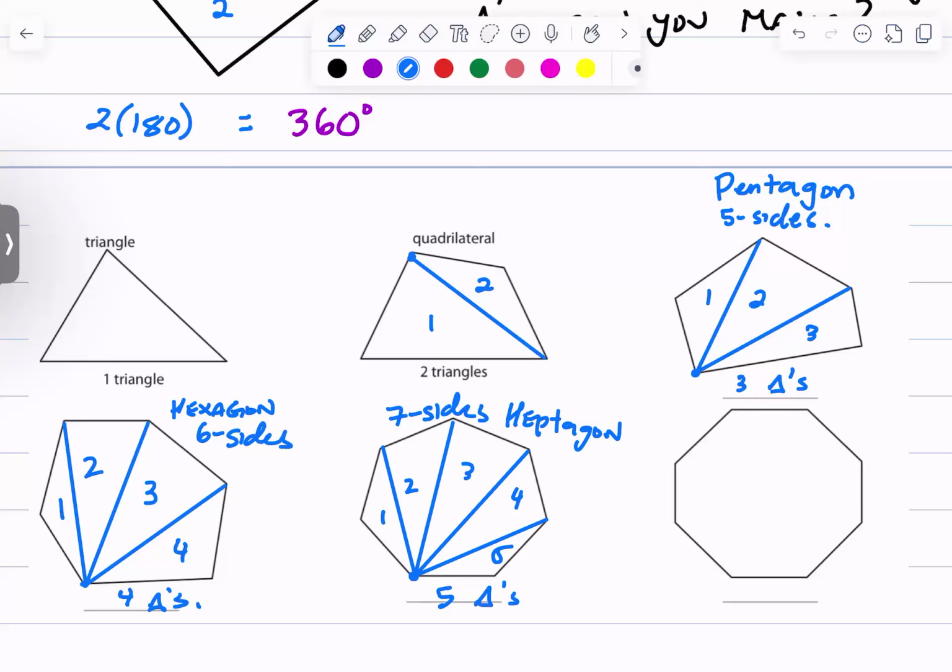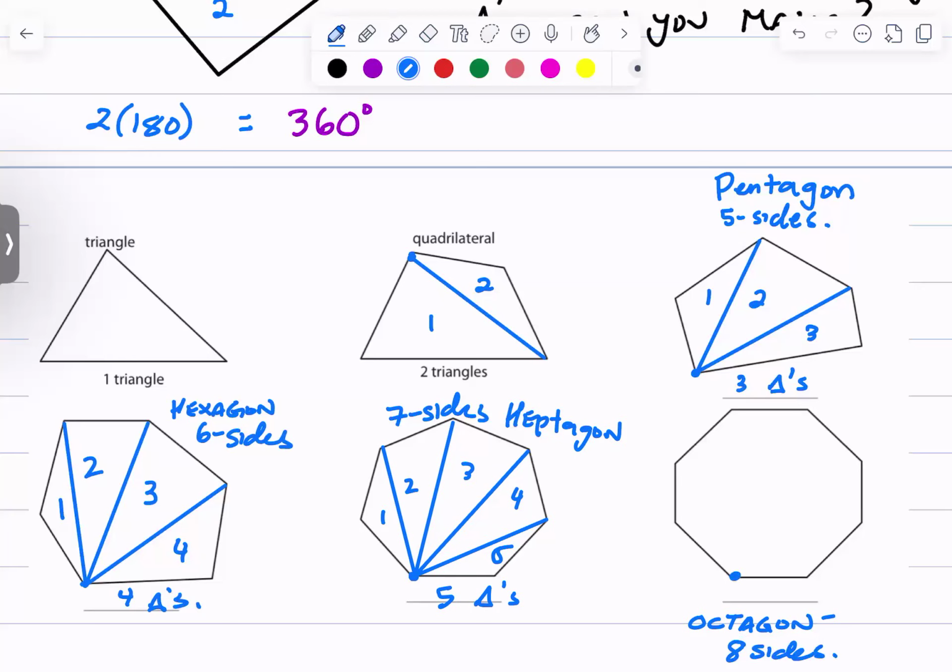This is an octagon. Yeah. An octagon has 8 sides. Has 8 sides.